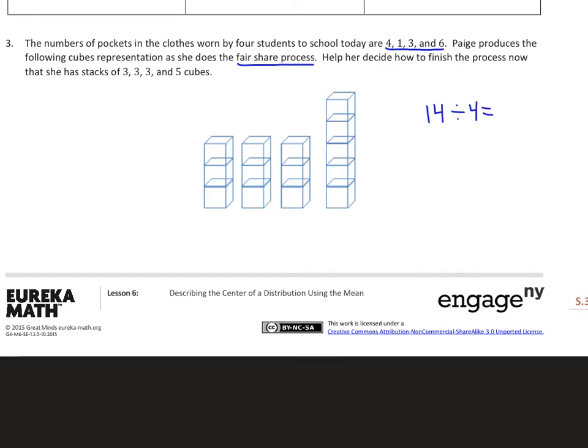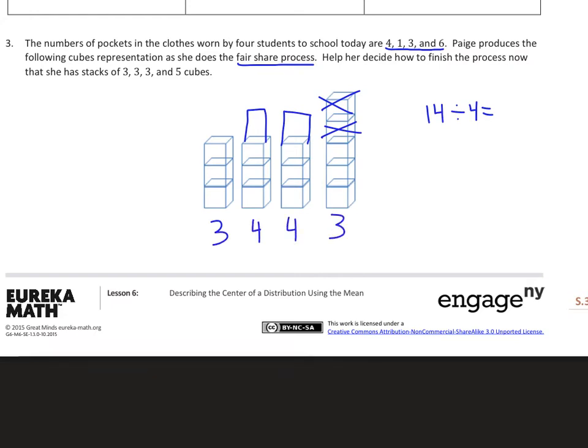So let's imagine for a minute we can still share to where they're all within 1 of each other. Right now, this group has 2 extras, right? 2 more than the other 3 groups. So if we were to say, okay, let's just give 1 here and 1 here, and cross off these 2 because we just moved them. Now we have a 3, 2 4s, and a 3.